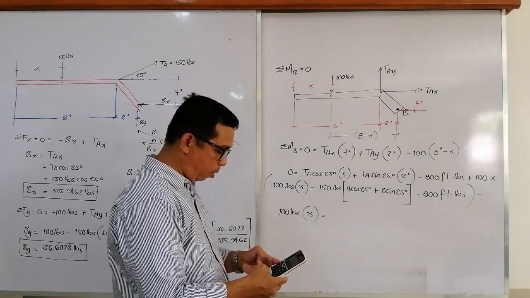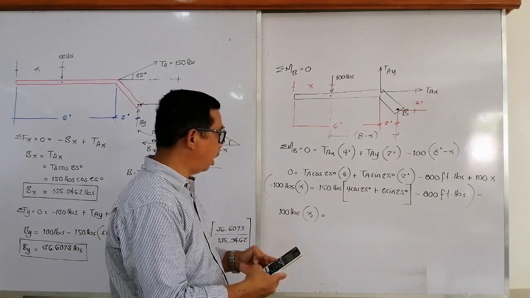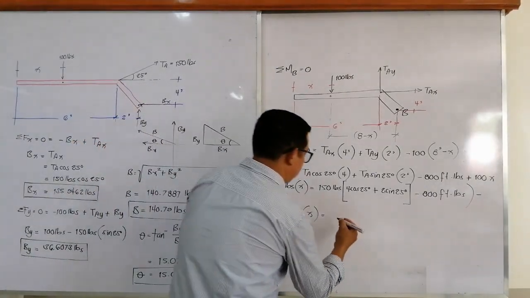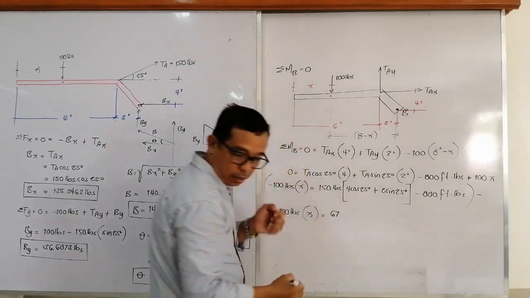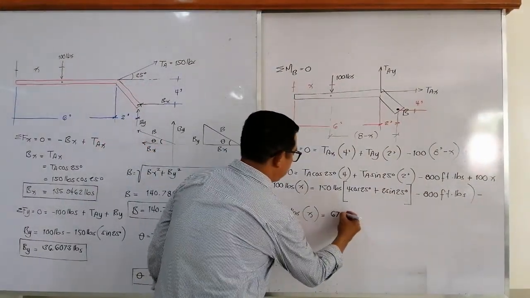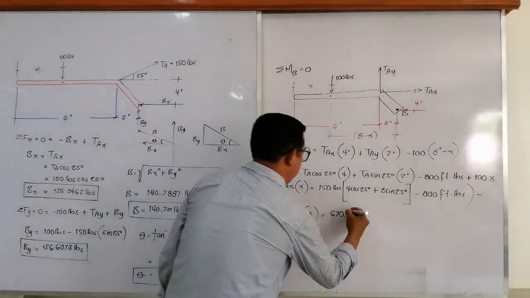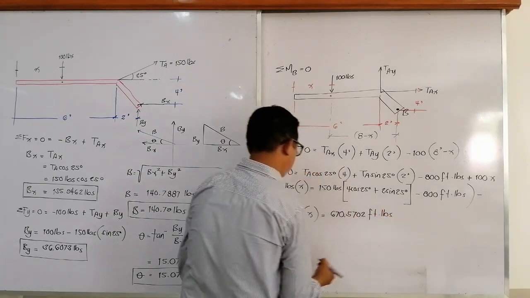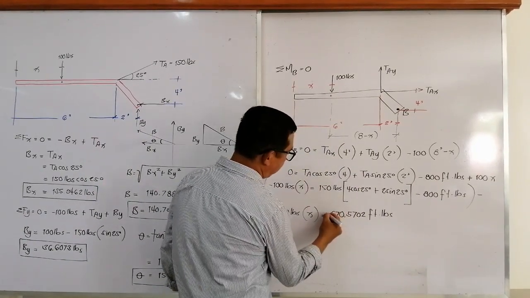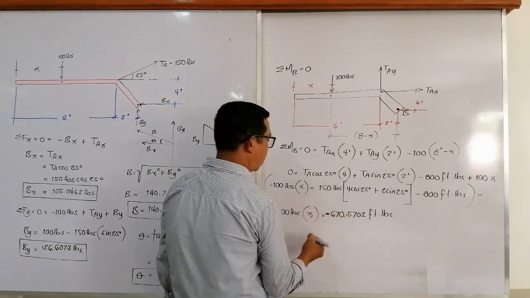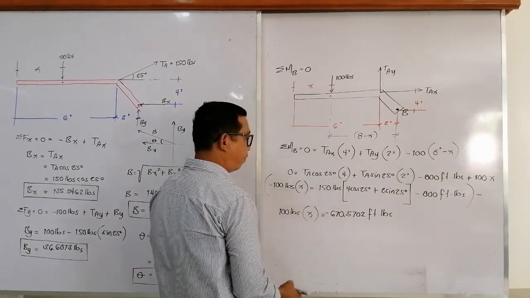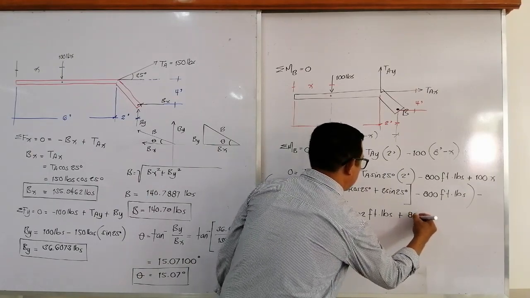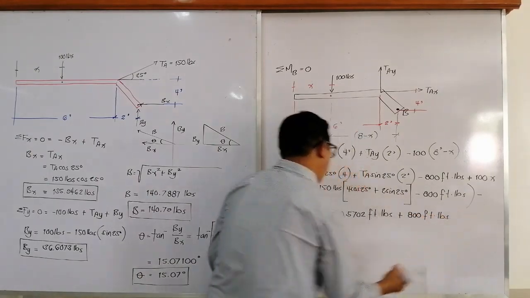4.47. Now you multiply it by 150: 670.5702, or 670.570. After having to find the negative sign, this becomes 800 foot-pounds.